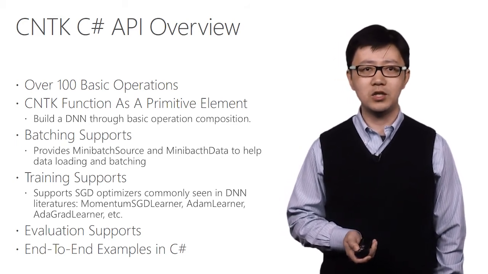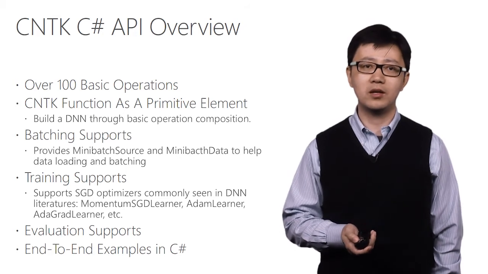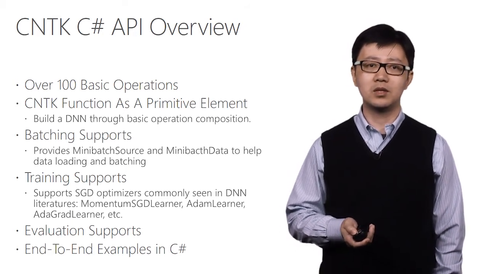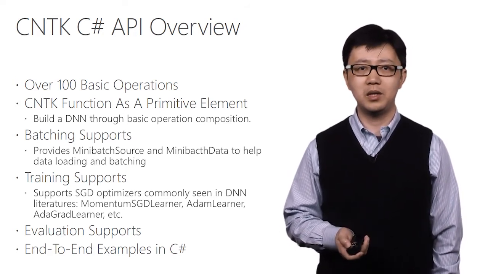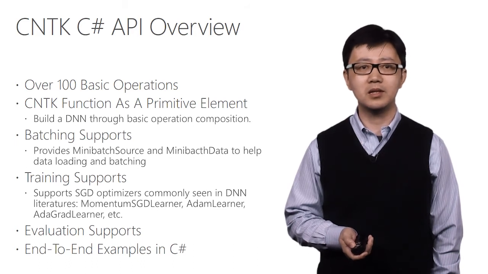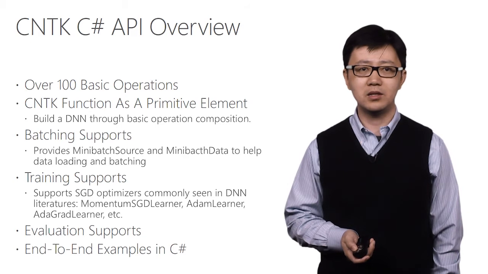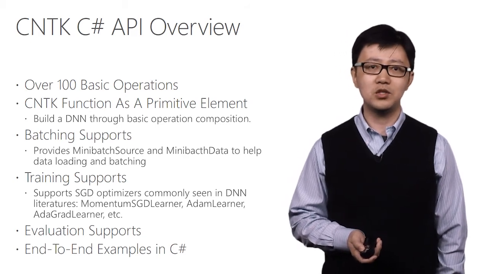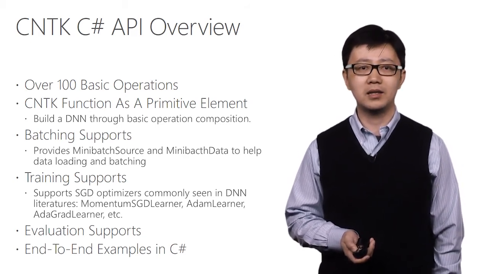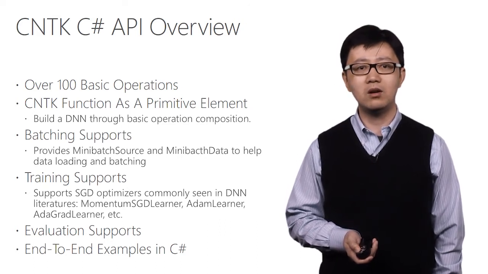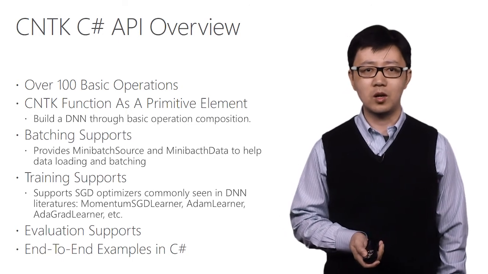We support batching, which basically says you can train examples in batches, and this speeds up the training process. We have training support that has various learners such as SGD, Momentum SGD, AdaGrad, etc. C# also supports eval, and we have some end-to-end examples provided in C#.